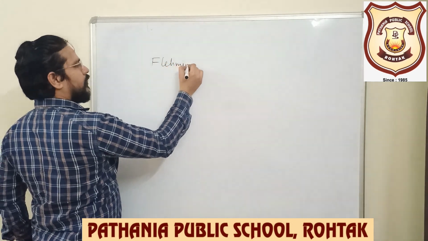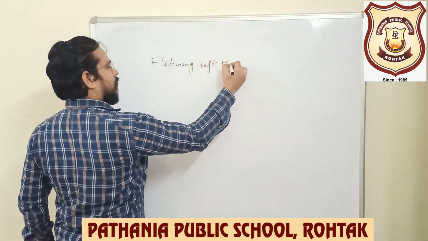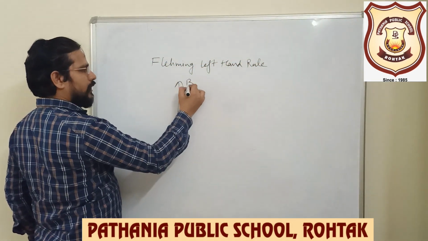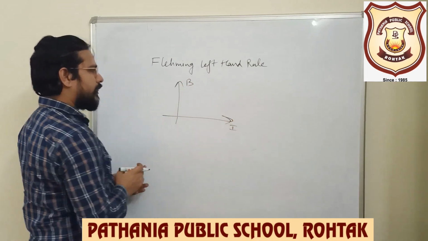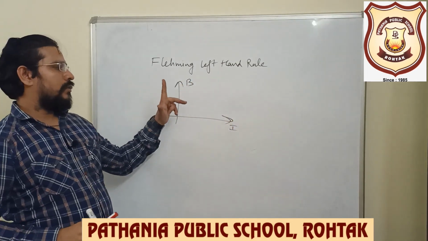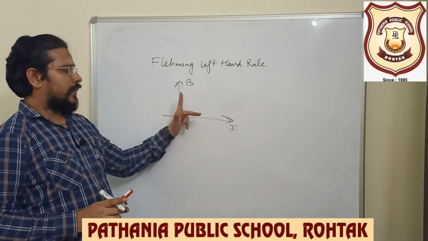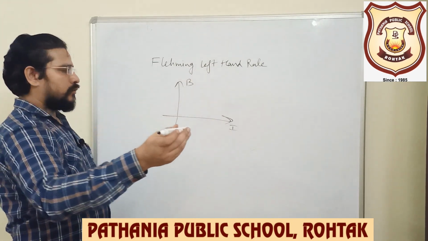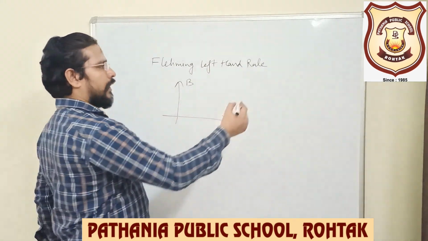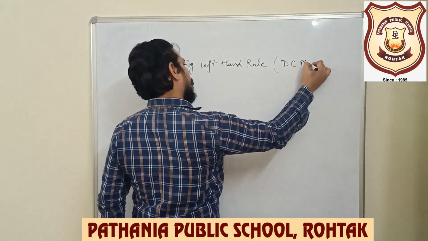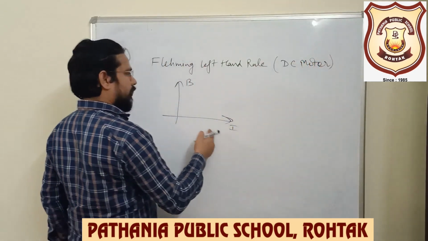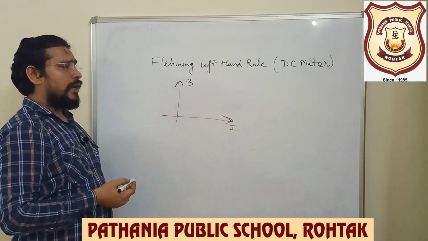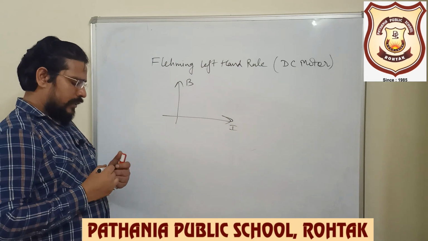Fleming left hand rule is applied when the direction of magnetic field is given, say B, and the direction of current is given, say I. Then by Fleming left hand rule, the first finger points in the direction of field, the second finger points in the direction of current, and the thumb will give you the direction of force. So force will come out towards you. This rule we apply as an application for DC motor when we apply current and we apply the magnetic field, while Fleming right hand rule is applied for finding the direction of induced current.